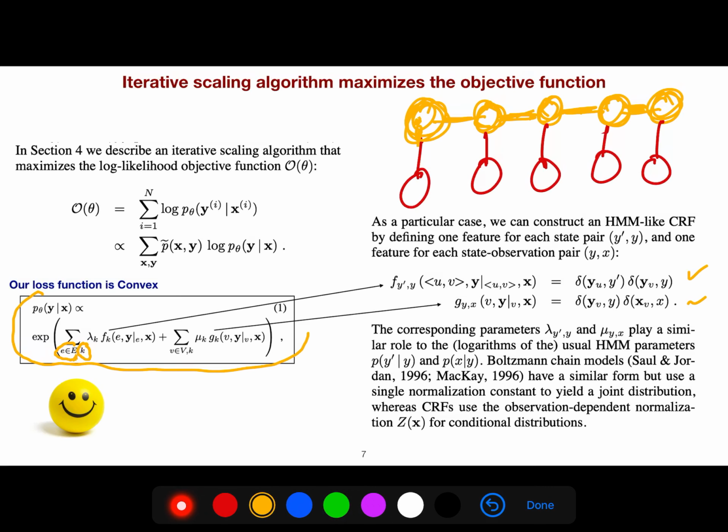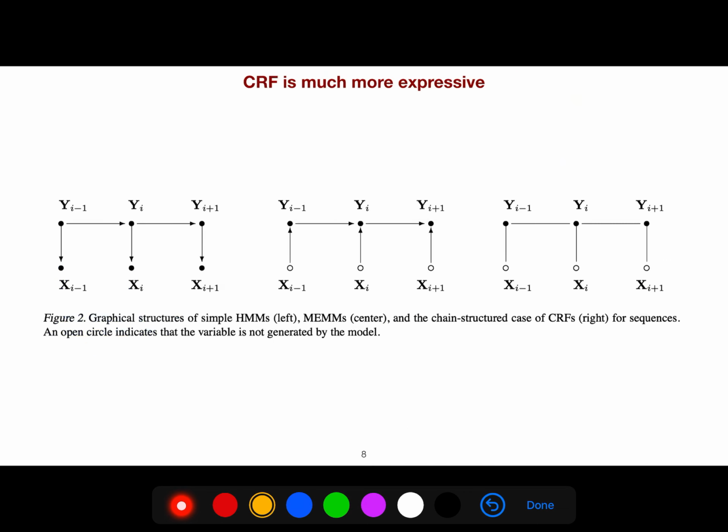And as I said, the corresponding parameters, lambda and mu, play a similar role to the probability of transition and probability of emission. But CRF is much more expressive. It's like a neural network, very expressive. That's why people in machine learning used to work with CRF.